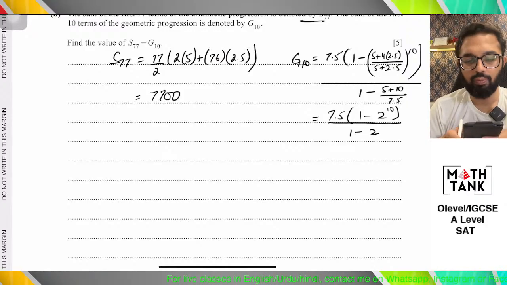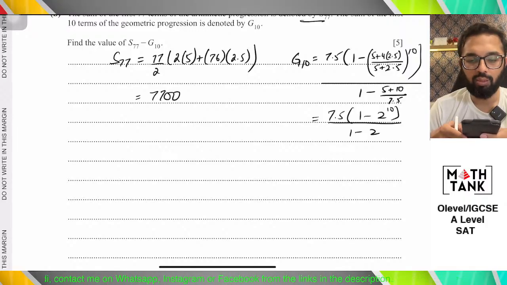Yeah, 7.5 into 1 minus 2 to the power 10 over minus 1.